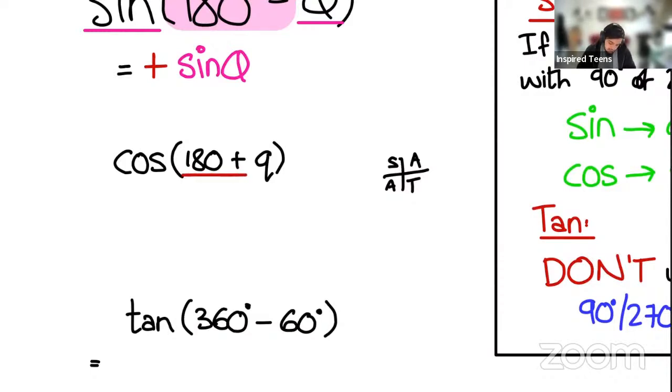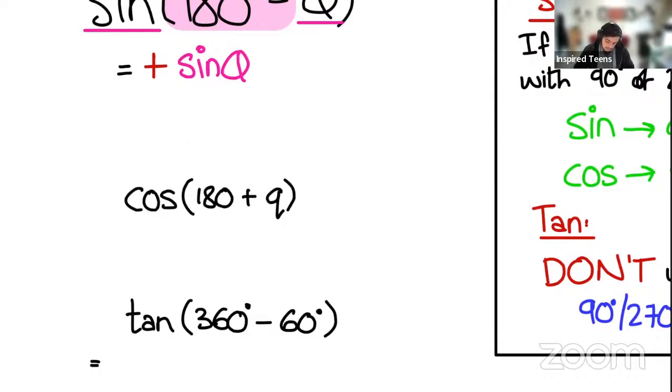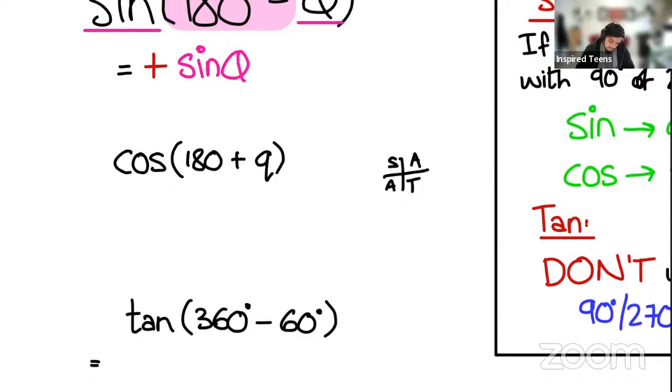Then you ask yourself, which quadrant is 180 plus in? Okay, so 180 plus is actually in the third quadrant where only tangent is positive.